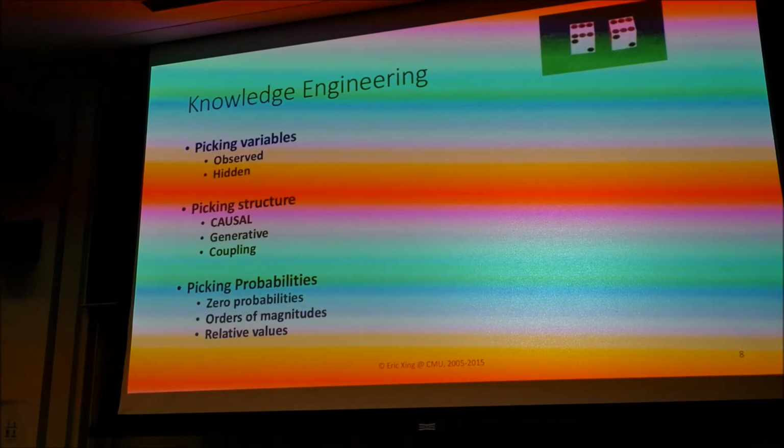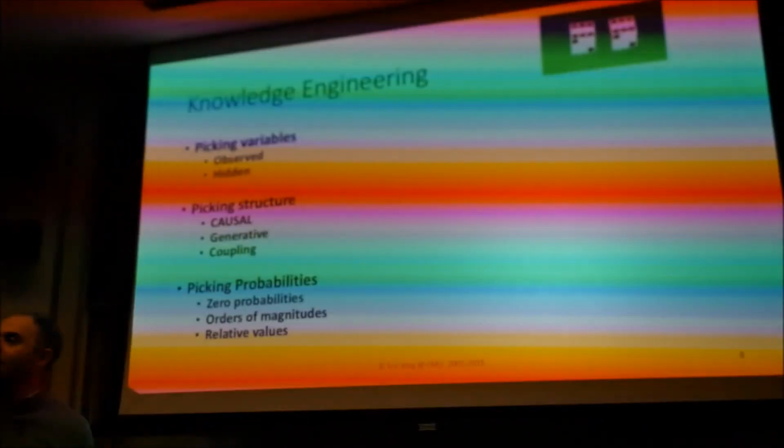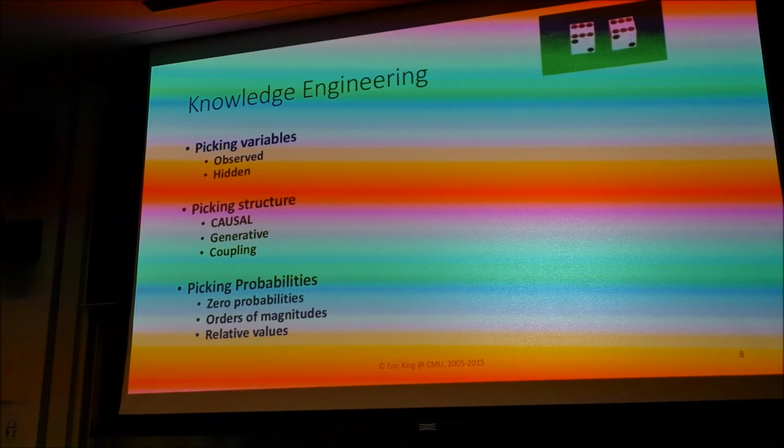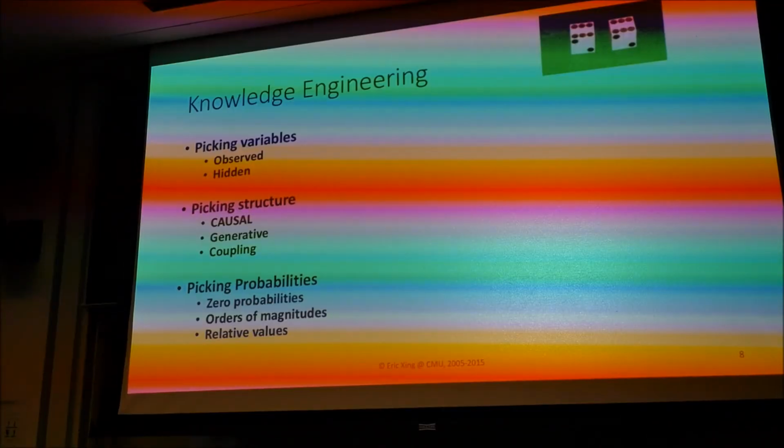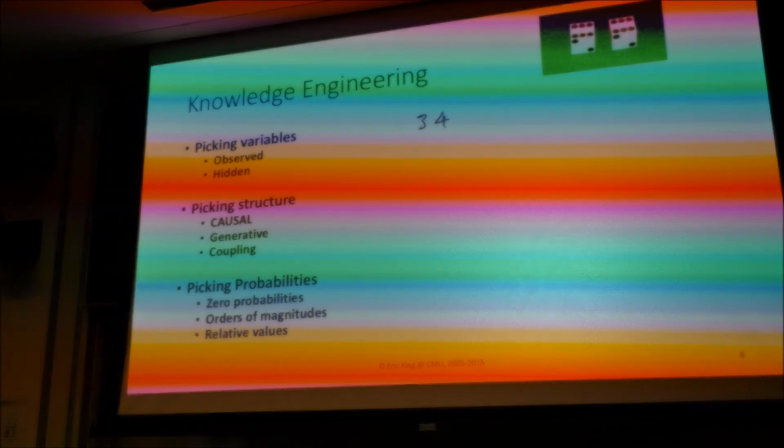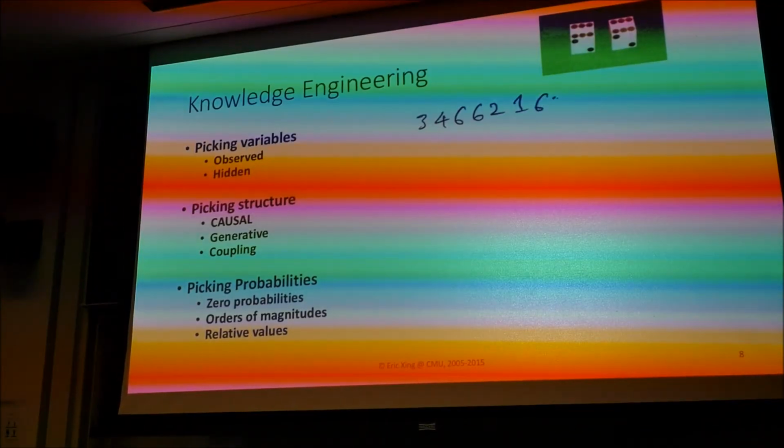So now let's start engineering this observation and build it. What do we have here? We have some observed values. We have the sequence of the dice, 3, 4, 6, 6, 2, 1, 6, 2, 6, and so on and so forth. This is what we have observed. Let's call that y.